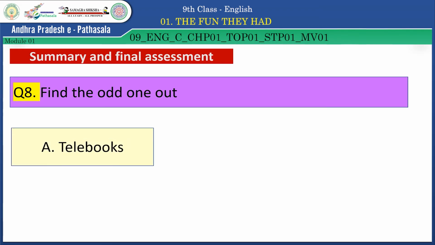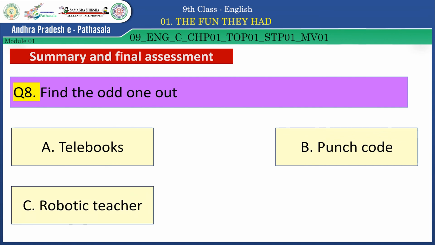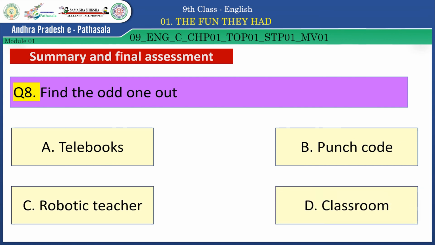Telebooks, punch code, robotic teacher, and the classroom. What is the odd one here? Yes, you're right. The answer is classroom. Why? The other three options are related to the mechanical or future kind of school, and D is related to the old kind of school.